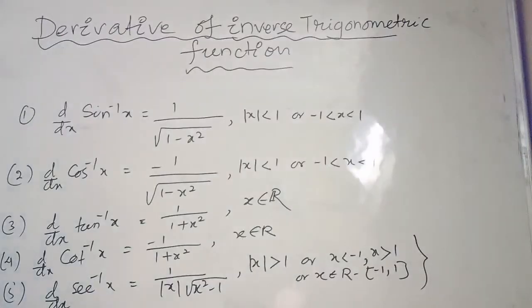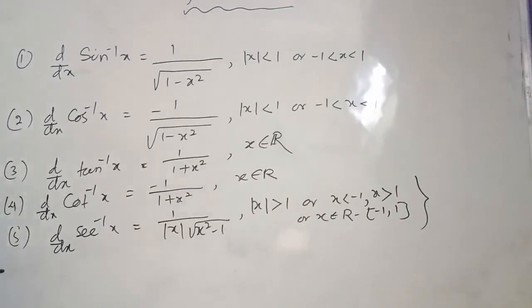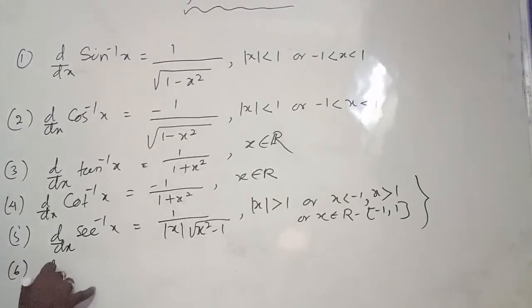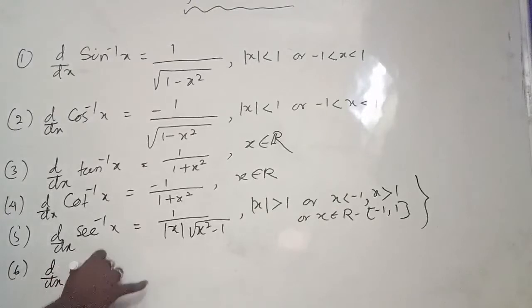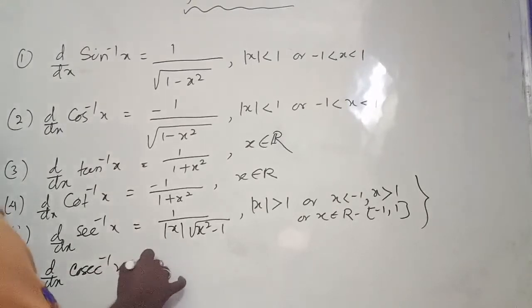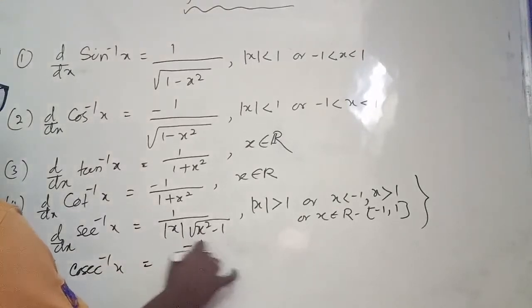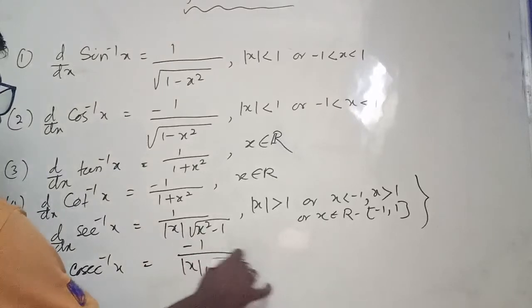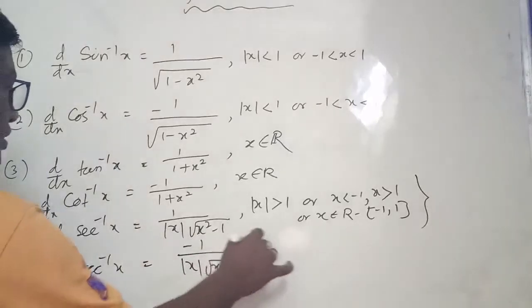And this is equal to what? d by dx of cosec inverse x is equal to minus 1 by mod x into root over x square minus 1.